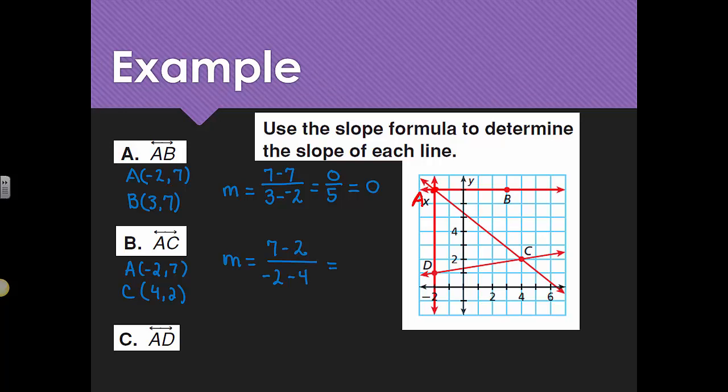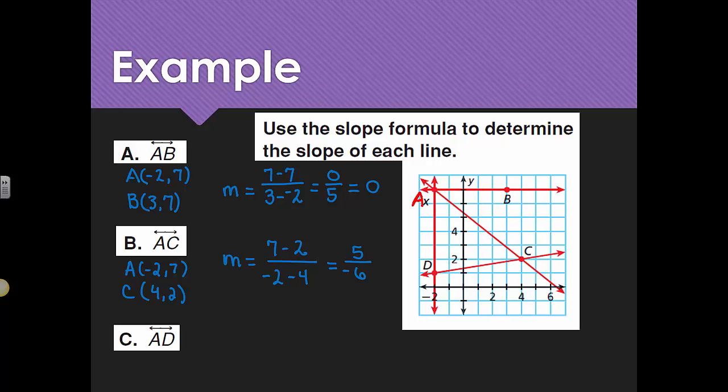So I end up with 5 over -6, so my slope is -5/6. What that means is if I start here, I should be able to go down 5, 1, 2, 3, 4, 5, and go over 6, 1, 2, 3, 4, 5, 6, before I get to another point on the line. And that is indeed correct. You see that that path took me from point A to point C.